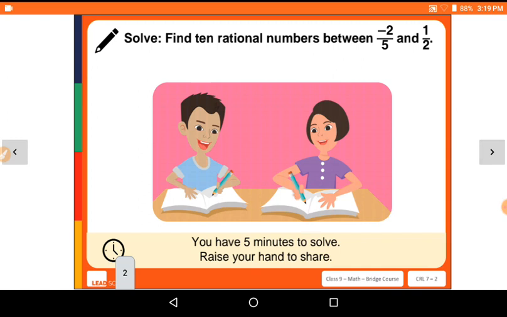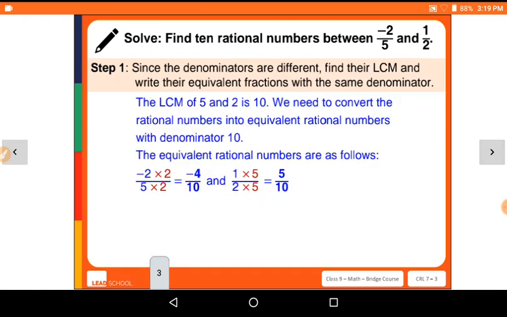So how can we go for that? We just have to use the average or mean method here. First of all, in step 1, the denominators are different. We all know that both the denominators 5 and 2 are different.